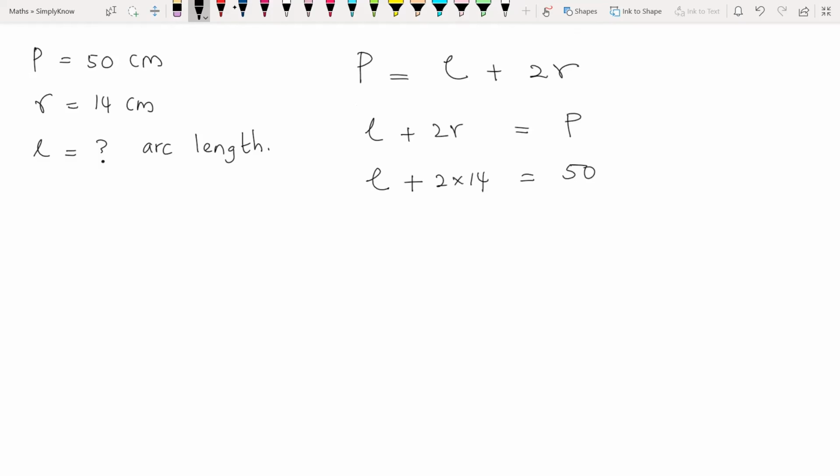And here we get 28, 50, and then what is our arc length? 50 minus 28, which is 22 centimeters. The arc length of this sector is 22 centimeters.